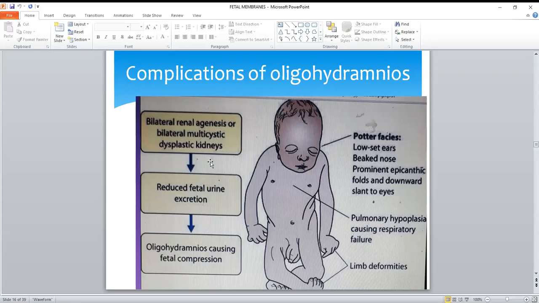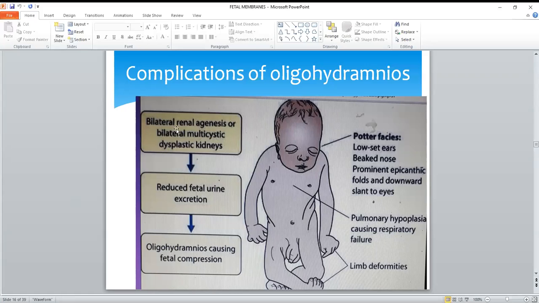So if you have less fluid, you will have limb deformities, maybe because the baby is not kicking and all. So we have limb deformities, like in this kid. Then you can also have pulmonary hypoplasia. Pulmo means lungs, and this can cause respiratory failure.